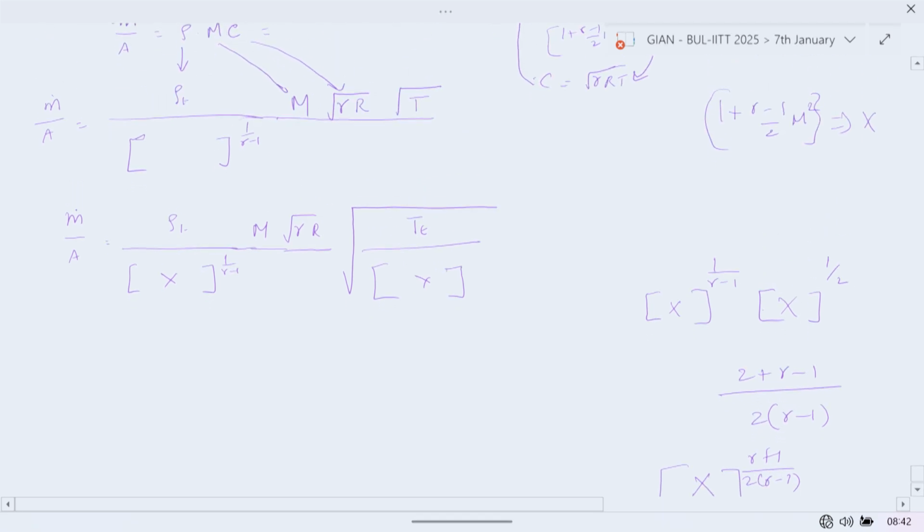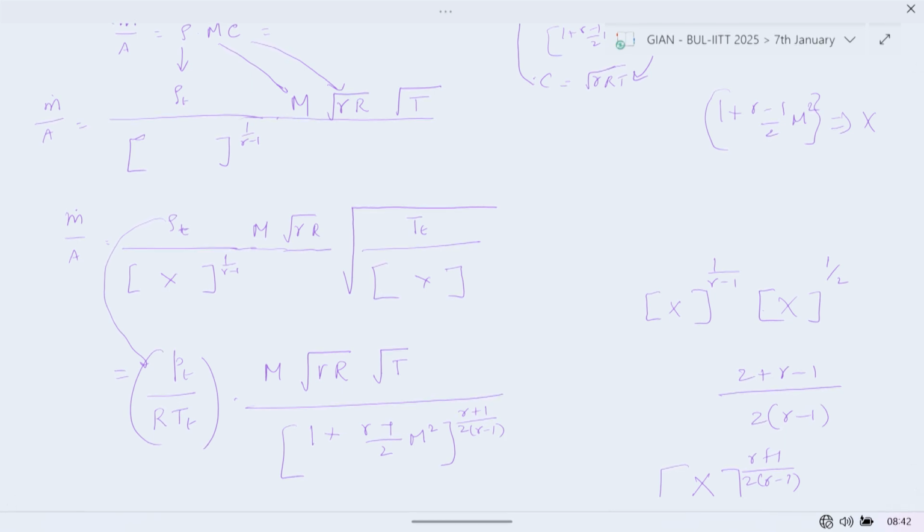So we have rho t equal to pt by R Tt. Clear? Rho t is written out here. And here it is M square root of gamma R. Okay. And then you have square root of Tt divided by (1 plus (gamma minus 1) by 2 M squared) power (gamma plus 1) divided by 2 into (gamma minus 1). All of you understood what I'm trying to do now? Yeah?